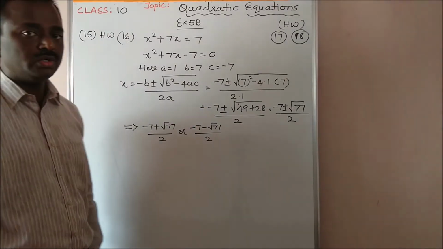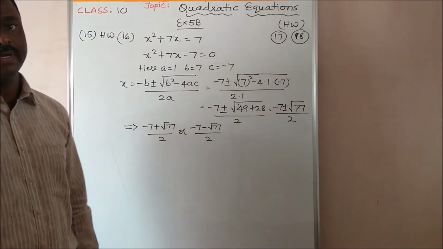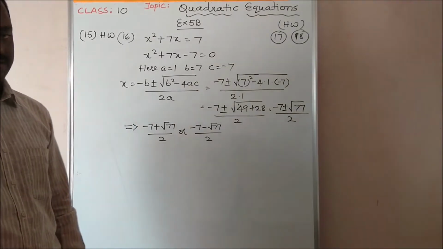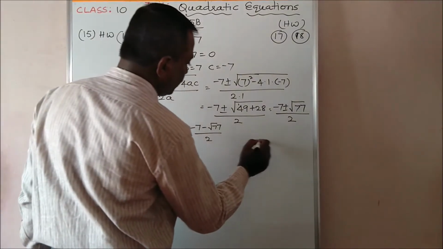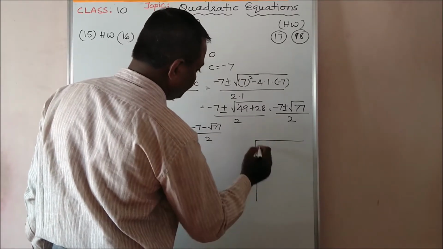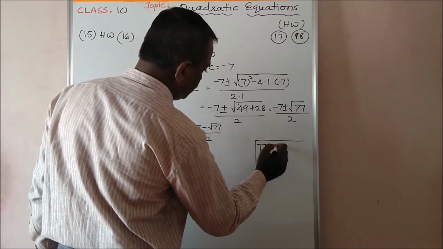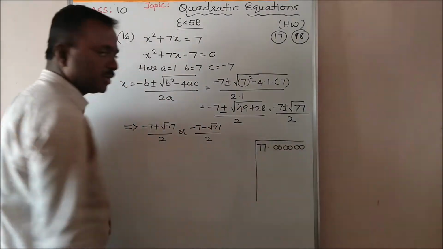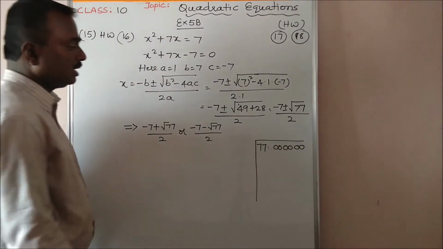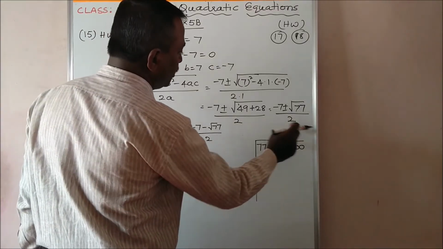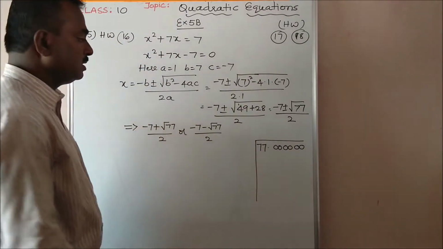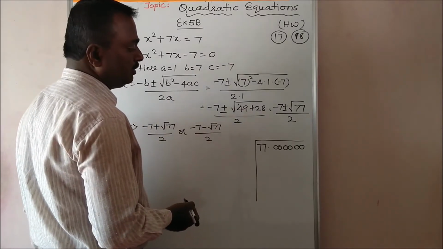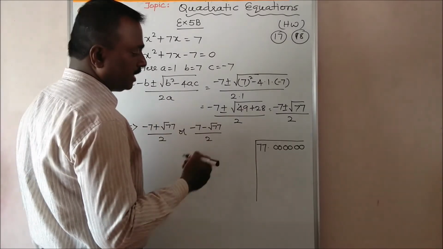Now we have to find out the square root of 77 correct to 3 decimal places. You are aware of how to find it. Take 77 and add zeros, and 3 sets of zeros you have to take. Okay? Then you will get 3 decimal digits after the point. So 8 8s are 64. 9 9s are 81.